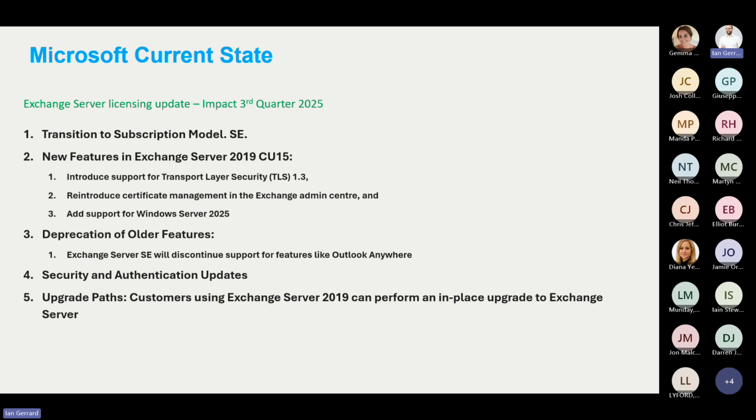So this is Microsoft forcing that upgrade path by releasing a new version of the on-premise server, but making it so you have to be within that subscription model, encouraging you to enter into that flexible, modern subscription option.